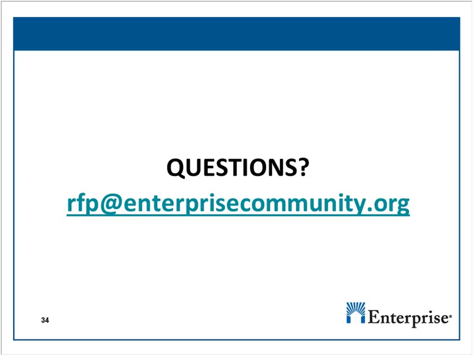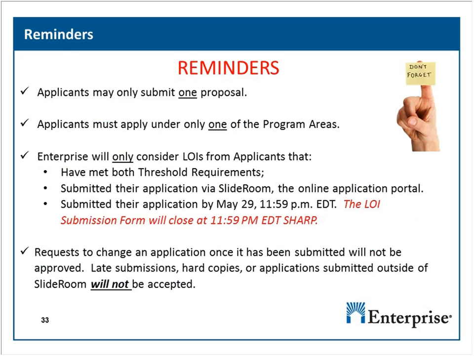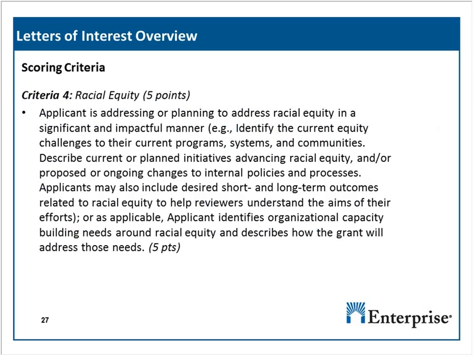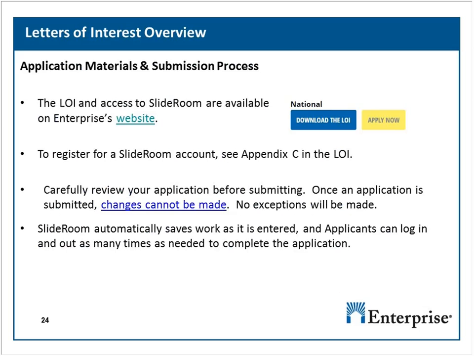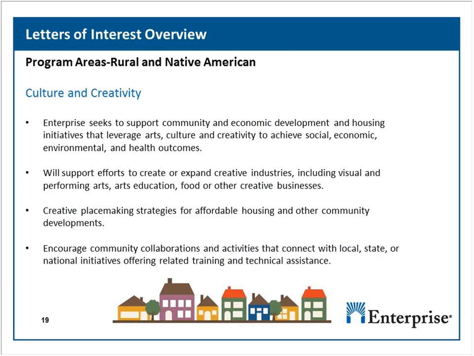Okay, thanks. Next question. What are some examples of capacity building activities for the culture and creativity category? I think Kate's going back to the slide. It could be a creative placemaking activity, a collaboration, something you're doing in partnership with others.